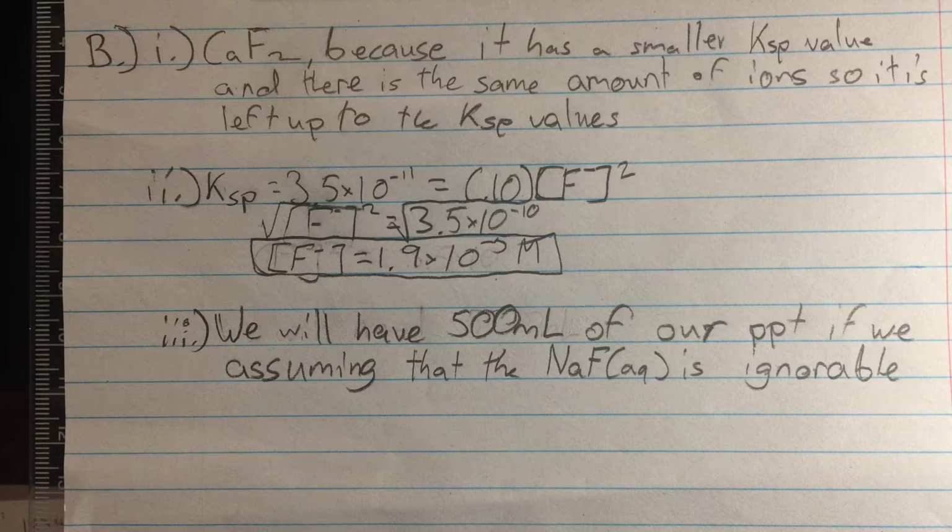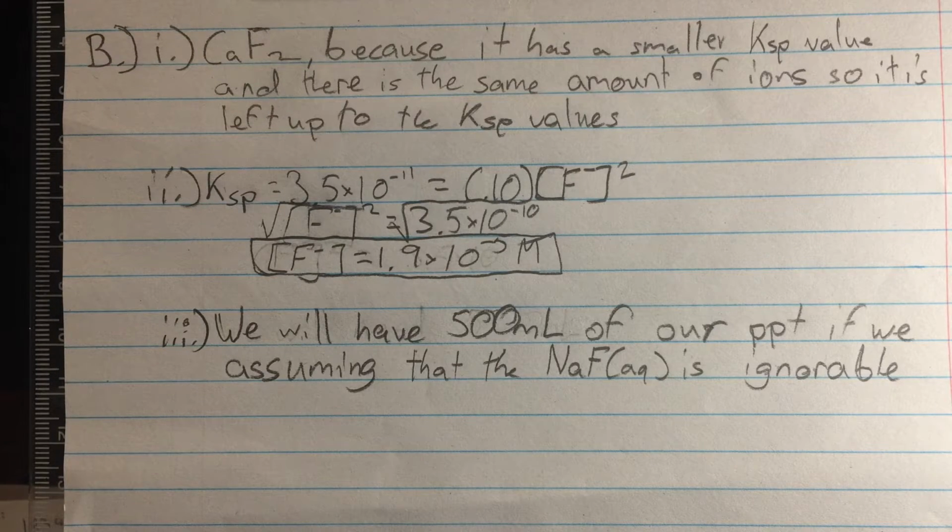For the next parts 2 and 3, it says for parts 2 and 3 below, assume that the addition of the NaF solution does not significantly affect the total volume of the liquid in the beaker. Part 2 asks, calculate the minimum concentration of F minus necessary to initiate precipitation of the salt selected in part 1. So for part 2, I said the Ksp is equal to 3.5 times 10 to the negative 11th, which is equal to 0.10 times the concentration of F minus squared.